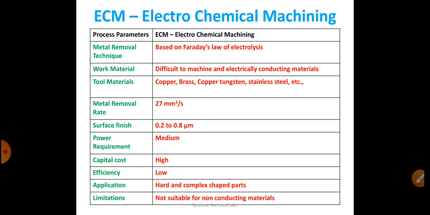Tool materials like copper, brass, tungsten copper or copper tungsten, and stainless steel are used. Metal removal rate is 27 cubic millimeters per second. Surface finish 0.2 to 0.8 micrometer. Power requirement is minimum. Capital cost is high. Efficiency is low. In applications, very hard and complex shaped parts can be machined. The disadvantage is that it is not suitable for non-conductive material.